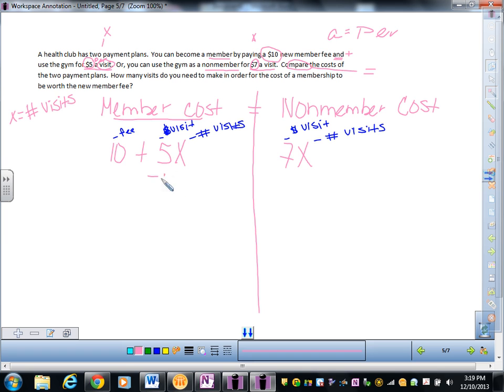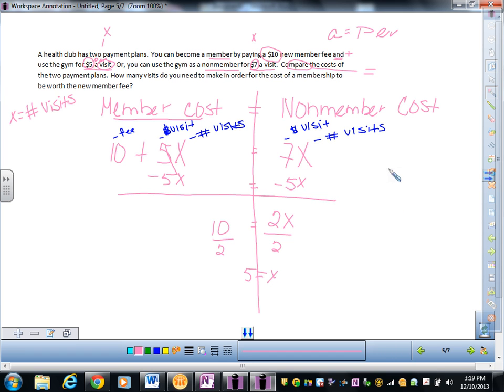We can subtract 5x from both sides. And over here that cancels out, so we have 10 equals 2x over here. And then we can divide both sides by 2. So x equals 5. So at 5 visits, the cost is the same.